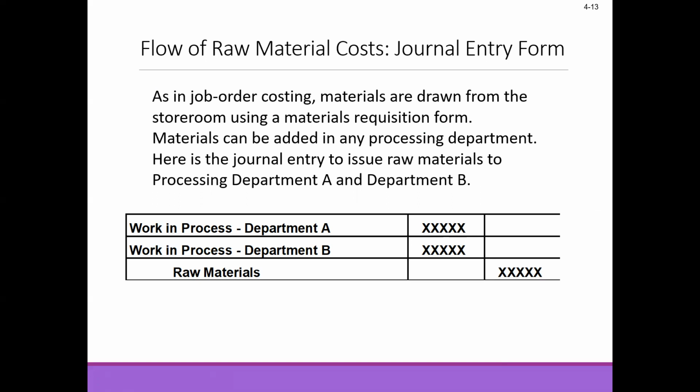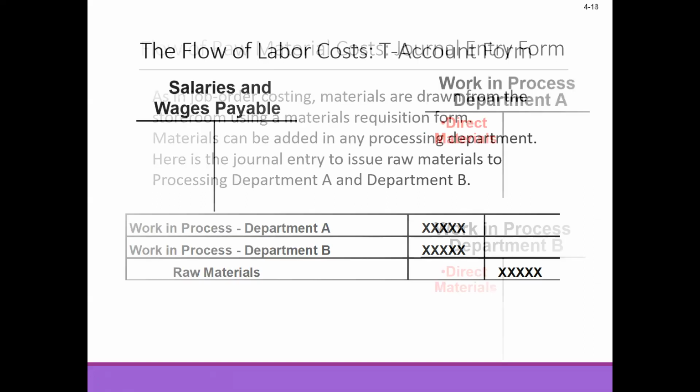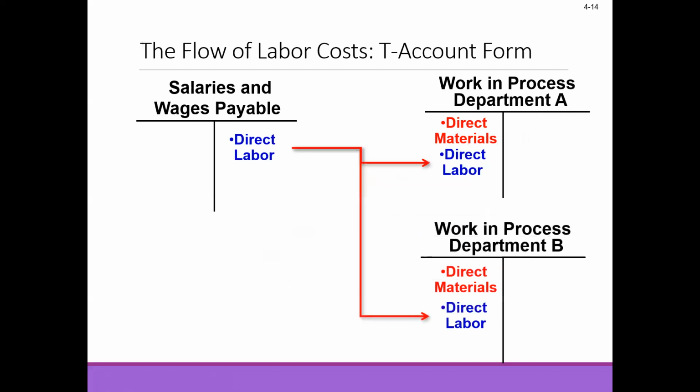You just put into the work in process which department it's going into, and we credit our raw materials. The labor, the same way. We show a credit to our payable and we debit it to our work in process for whichever department we're working on.